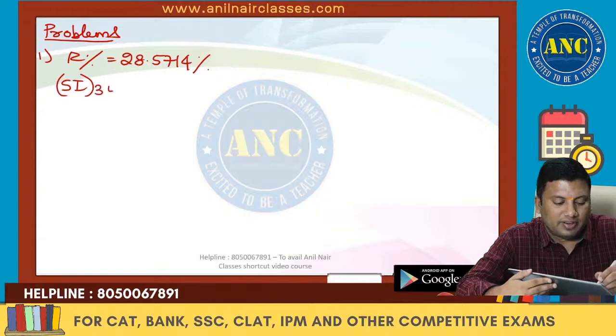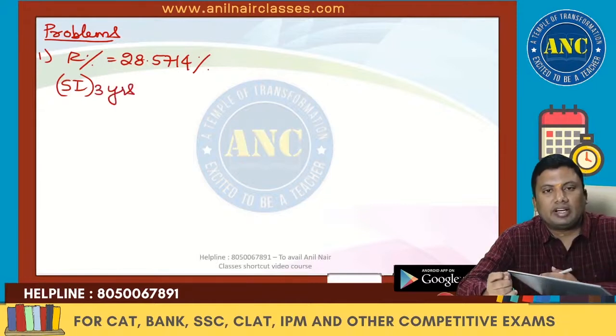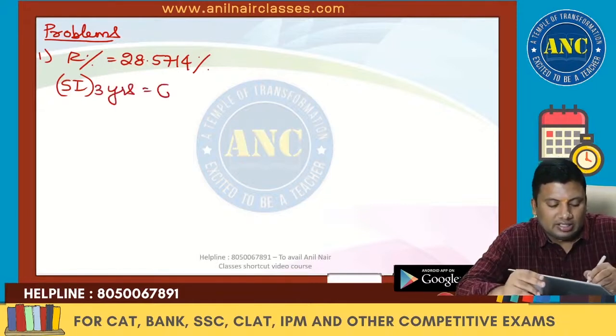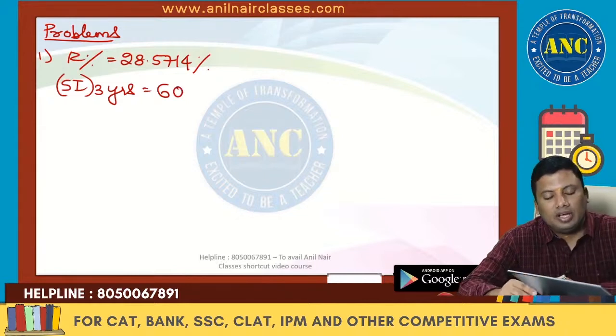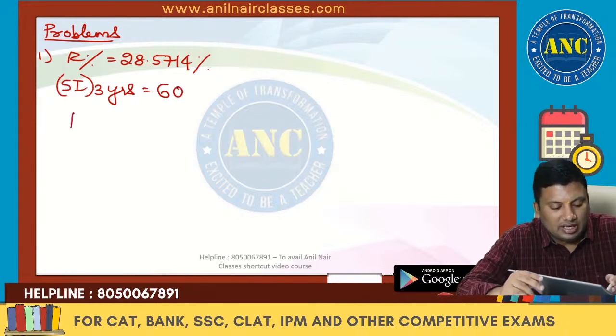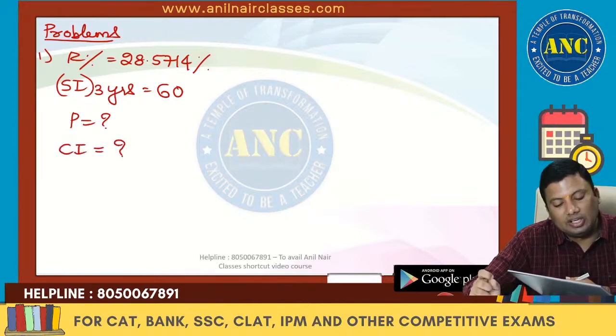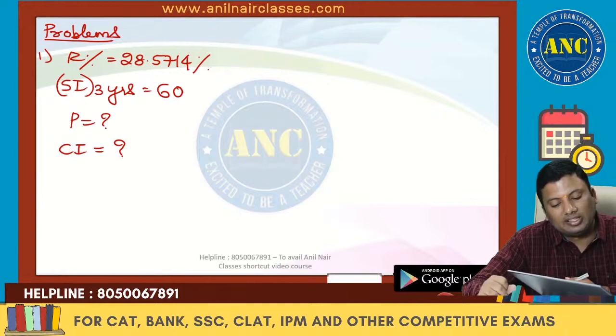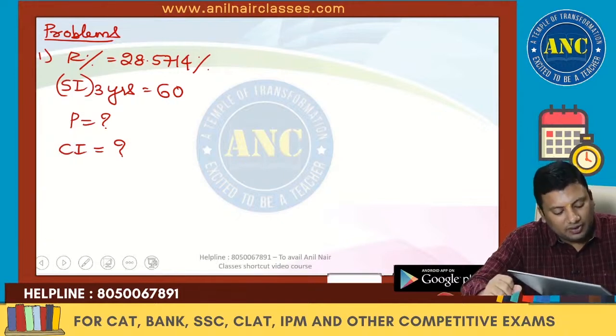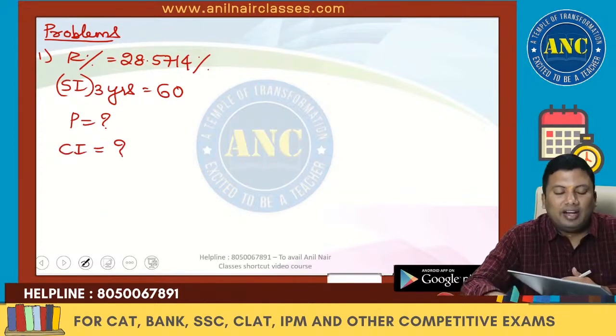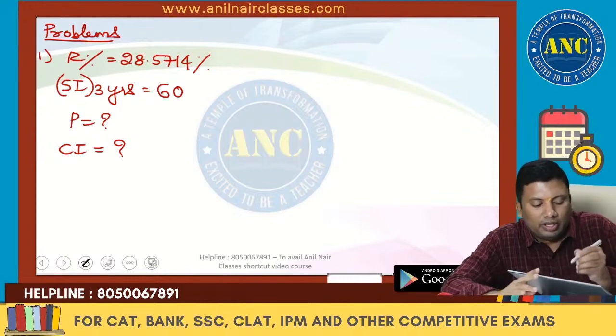Simple interest for 3 years is 60. Find the principal and find the compound interest.